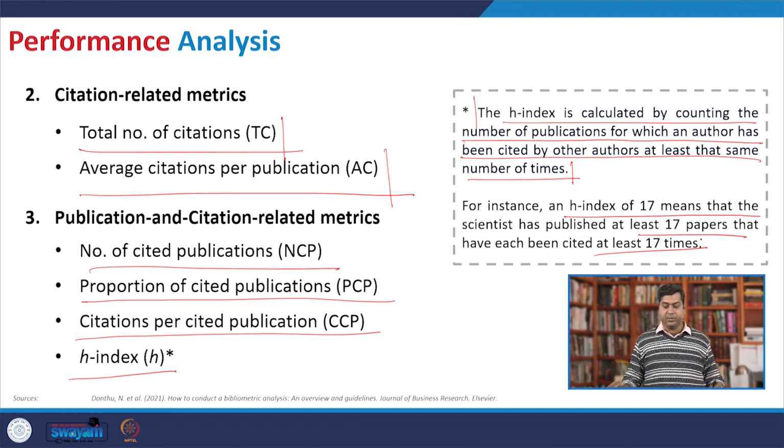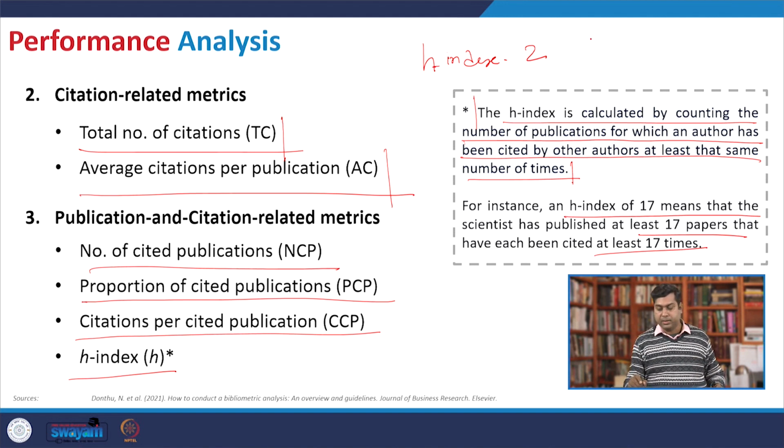So, that means if I say h-index 2, I may have, say, 10 papers, but h-index 2 means that at least 2 of my publications are cited by other authors at least 2 times each.